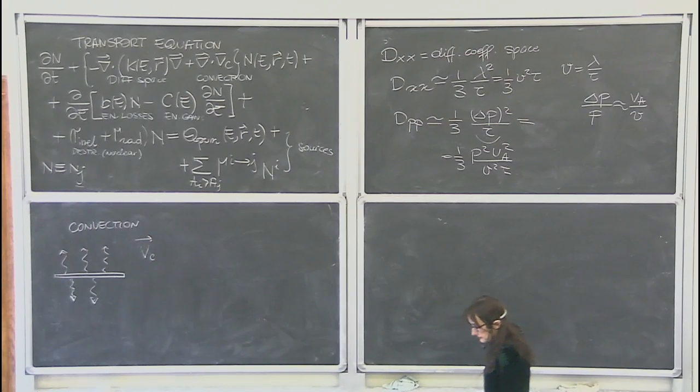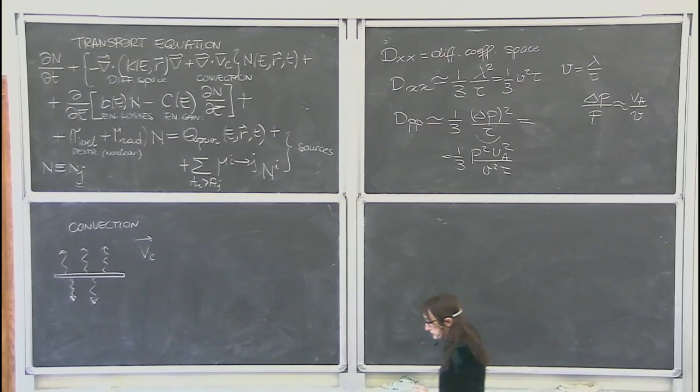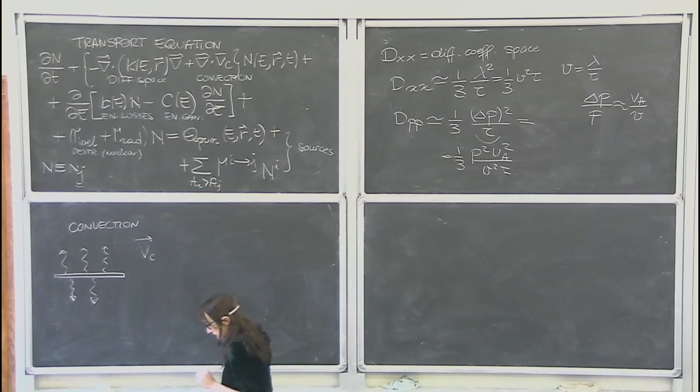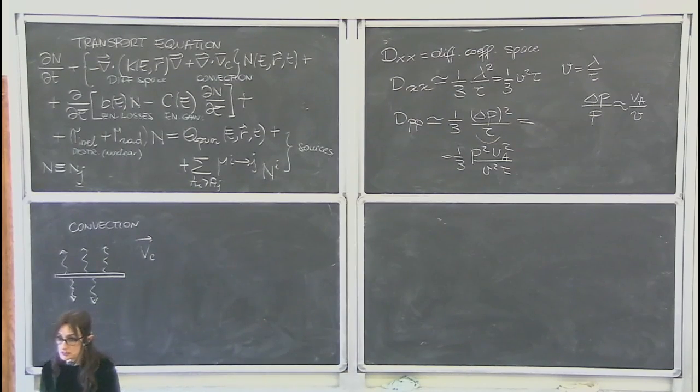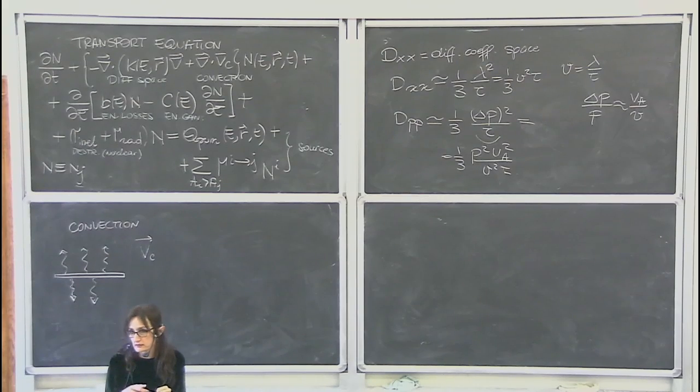What is, in my opinion, more centered on the topics of this school is a discussion on the energy losses. Energy losses are the first pieces when one deals with the physics of cosmic rays that needs another knowledge of physics, because to treat energy losses, we need QED, QCD, and nuclear physics.